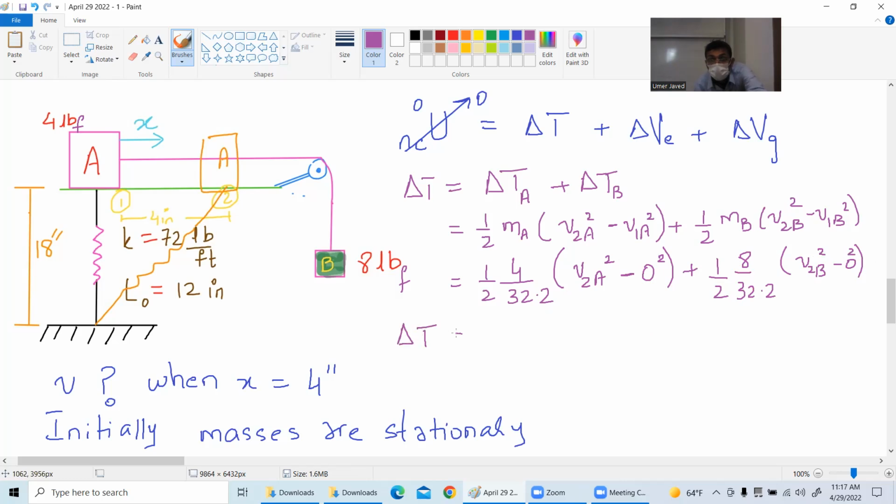So delta T is 0.186 V2 square. Agreed? 0.186 V2 square foot pound. Because V2A is equal to V2B, right? They travel the same, because they are connected.